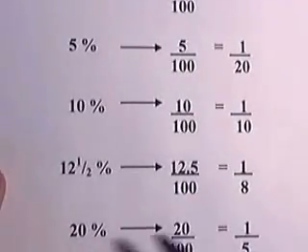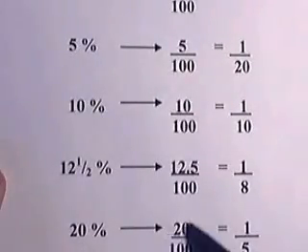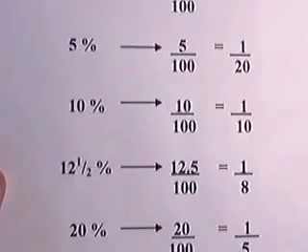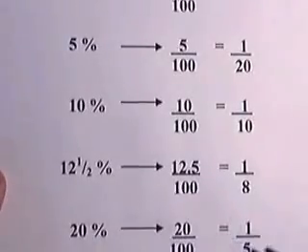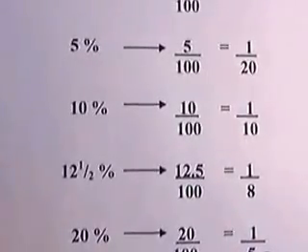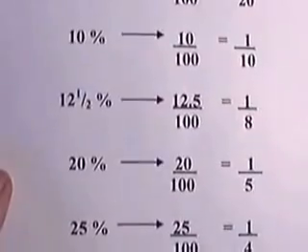Another important one, which doesn't crop up so often, is 12.5%. 12.5% means 12.5 over 100. 12.5 actually divides into 100 exactly 8 times. So 12.5% is really finding an eighth of anything. Another very important one is 20%. 20 over 100, 20 goes into itself once, into 100 five times. 20% is really 1/5 of anything.